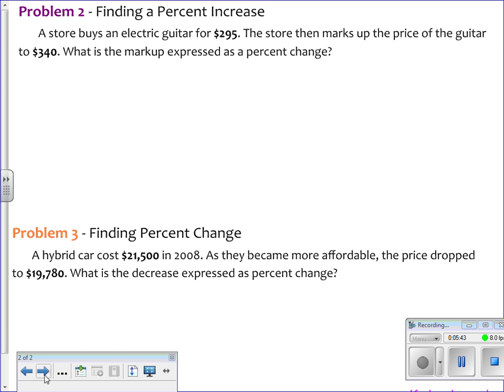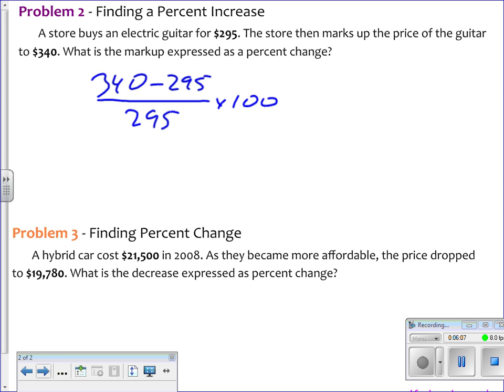So I take the big one. What's the big price? $340. So I take 340 minus the smaller one, 295, divided by the original price. What's the original price? 295. And multiply that times 100. Sometimes the original price is the smaller one, sometimes it's the bigger one.